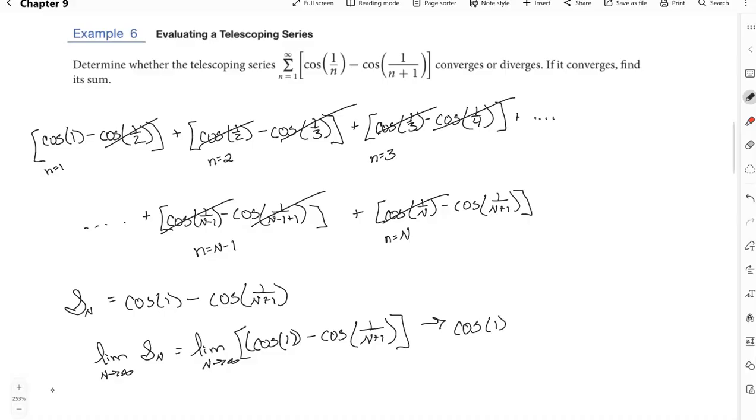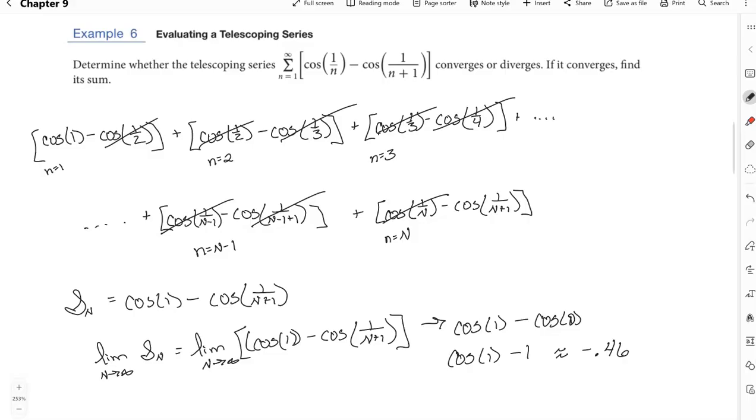This is going to cosine of 1 minus, and then if n gets larger and larger, then the cosine of 1 over n plus 1 is going to approach cosine of 0, which we know is 1. So this is going to approach cosine of 1 minus 1. And if we were to plug that into the calculator, we would get about negative 0.46 for that.